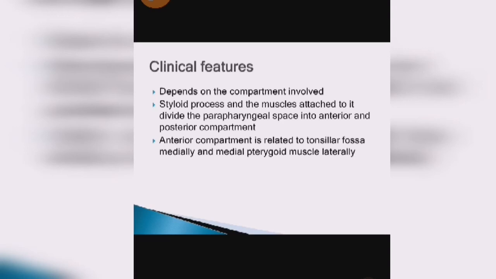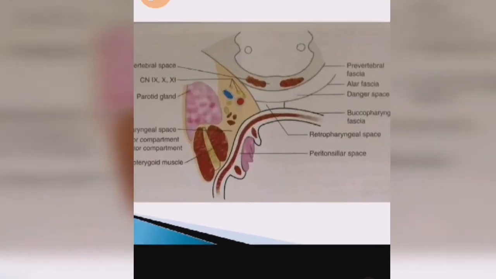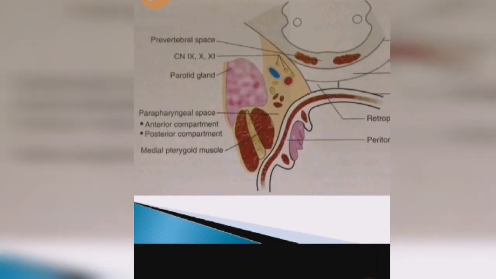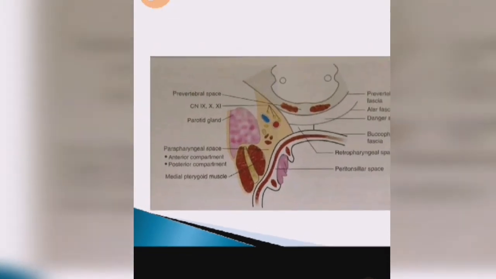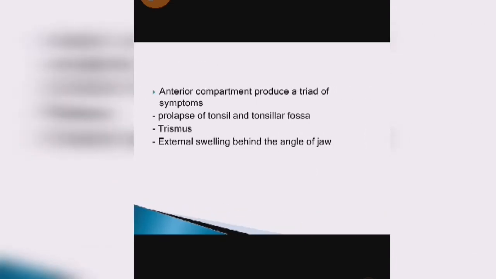The styloid process and the muscles attached to it divide the parapharyngeal space into anterior and posterior compartments. The anterior compartment is related to the tonsillar fossa medially and the medial pterygoid muscle laterally. An anterior compartment abscess produces a triad of symptoms: prolapse of the tonsil and tonsillar fossa, trismus, and external swelling behind the angle of the jaw.